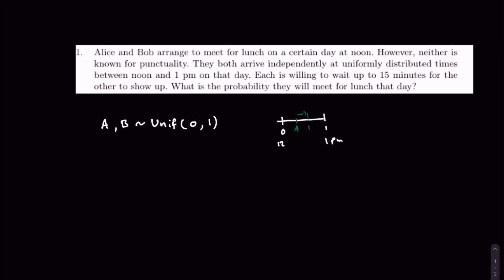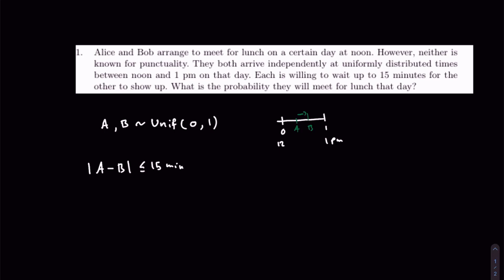So this is Alice, this is Bob. Their difference in absolute terms has to be within a distance of 15 minutes. So this can be expressed as the absolute value of A minus B, because we're looking for a distance, and this is 15 minutes.